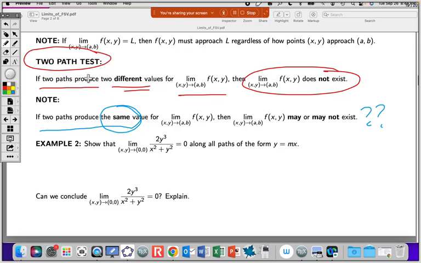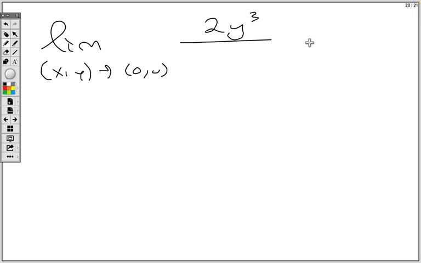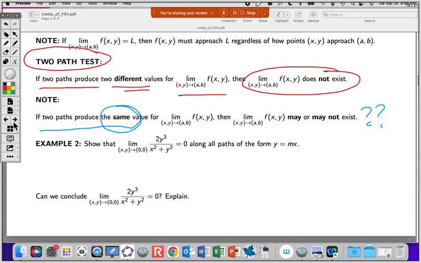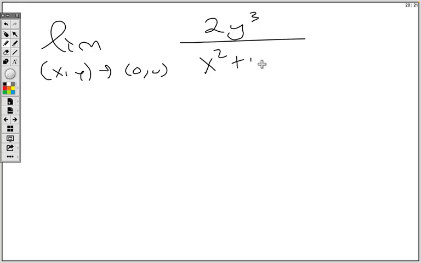So let's look at example 2 to kind of hammer this home. Let's look at the limit as (x,y) approaches (0,0) of 2y cubed over x squared plus y squared. And they want us to go along the path y equals mx.